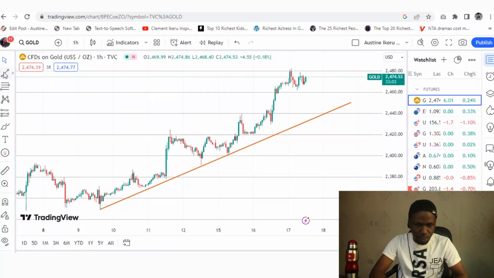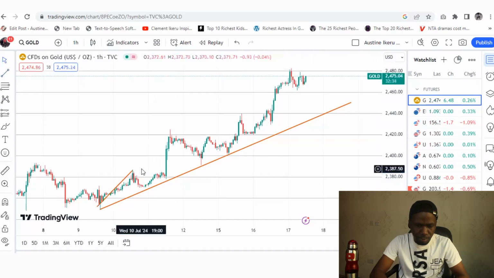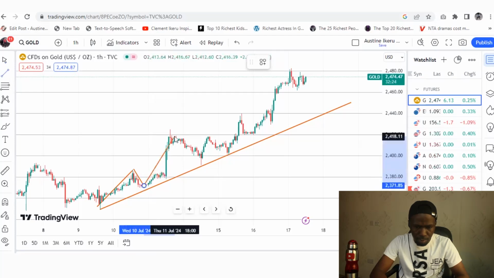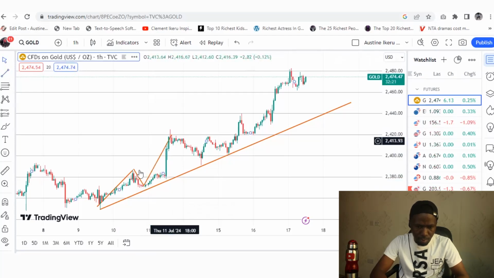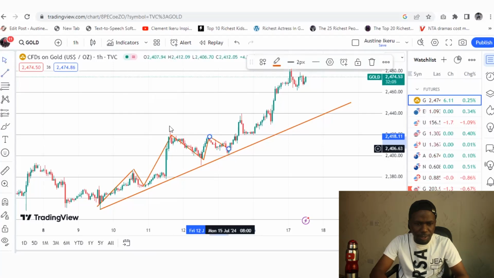So you can also use your trend line to make the confirmation. You can clearly see from here the market is clearly in an uptrend.